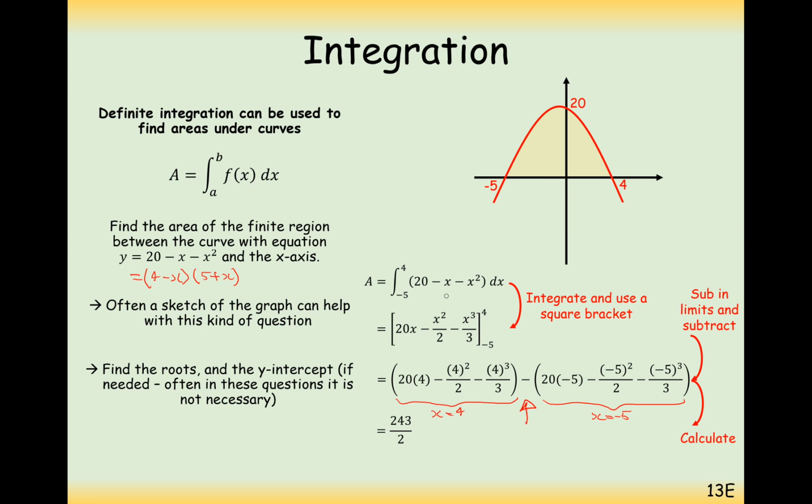The stages we go through are to integrate first, and then leave the 4 and the minus 5 off the end of some square brackets, and then we substitute both of these numbers in, subtracting one expression from the other. We get 243 over 2.